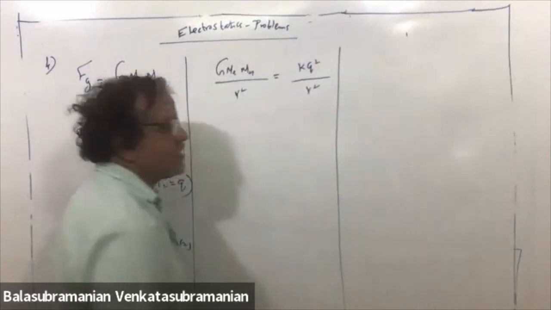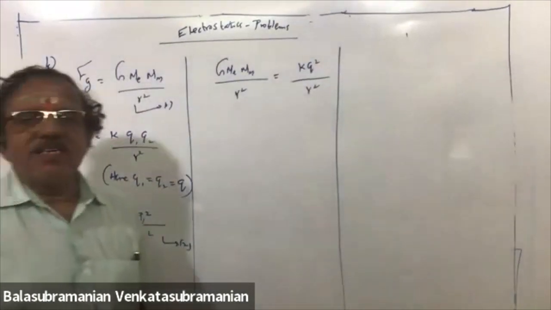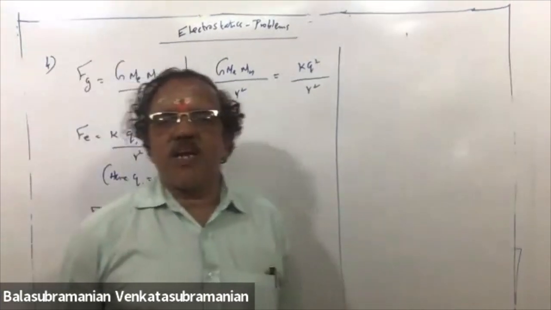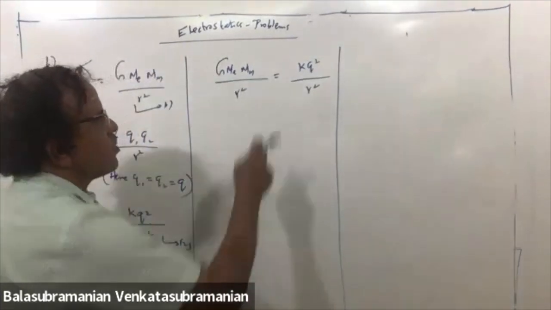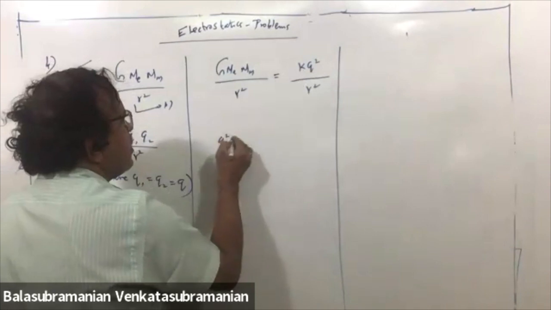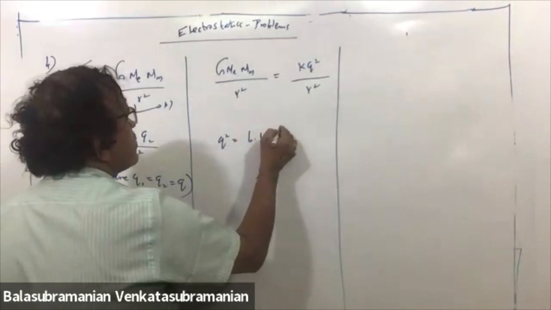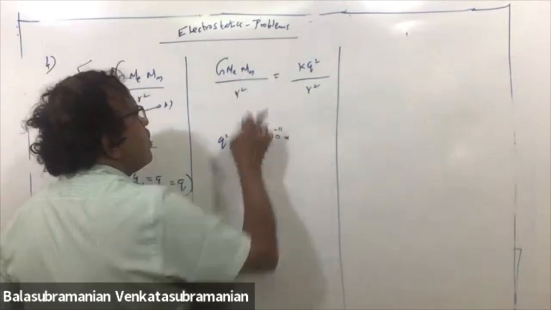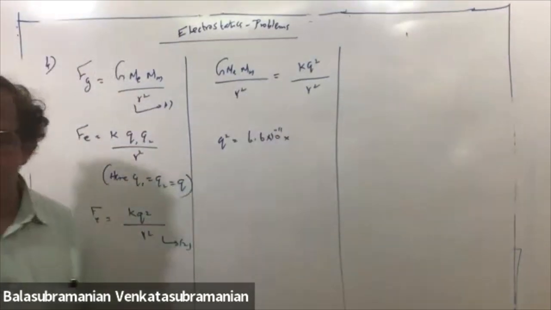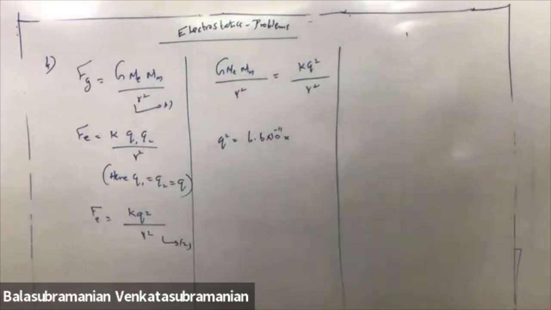R square gets cancelled. K is 9 into 10 power 9. So Q square will be G, 6.6 into 10 power minus 11, mass of the Earth. Earth mass is 5.9 into 10 power 24.